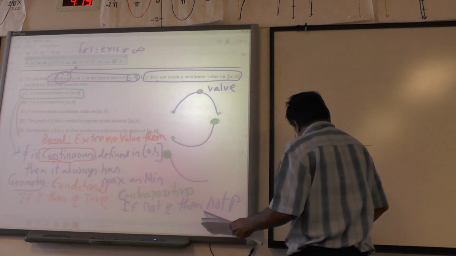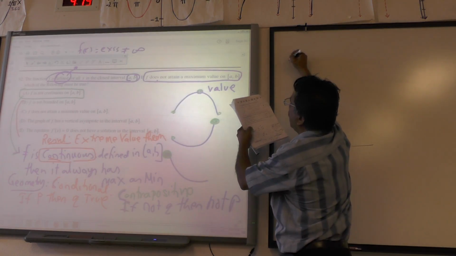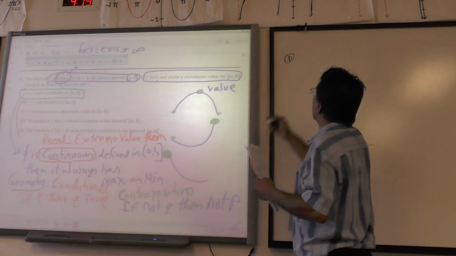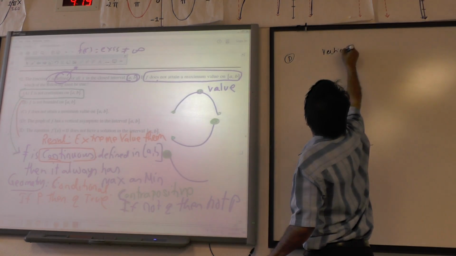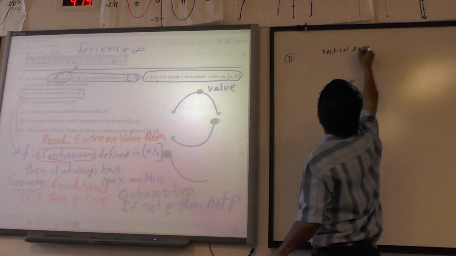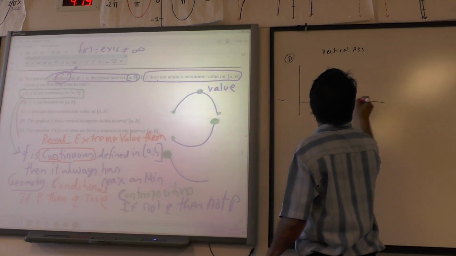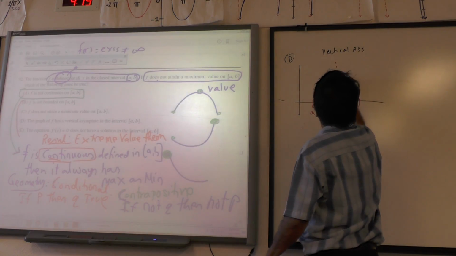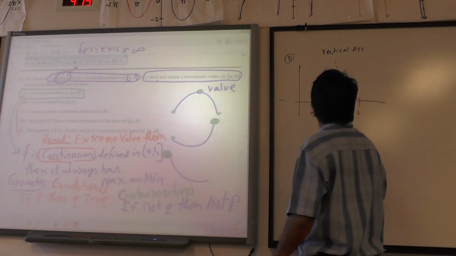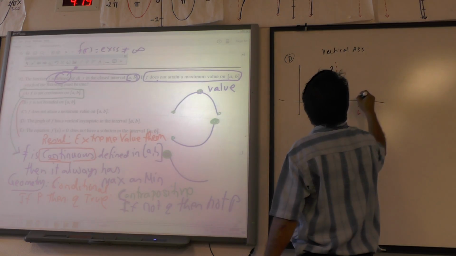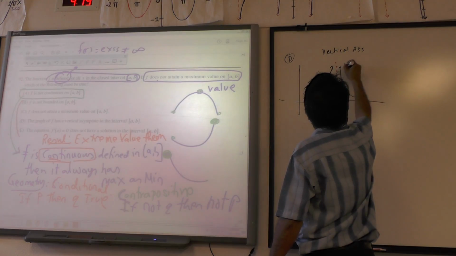Then why is D false? D says the F has a vertical asymptote. Now, what is the meaning of vertical asymptote? If you draw a line like this, and this is your A and B, something like this. This is called a vertical asymptote. Maybe I can graph like this, it goes to plus infinity.